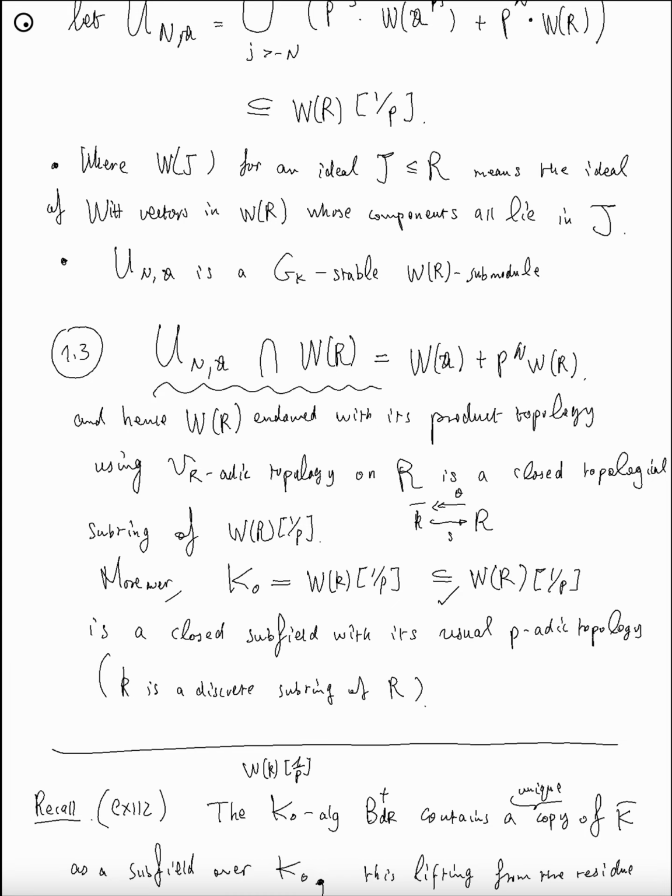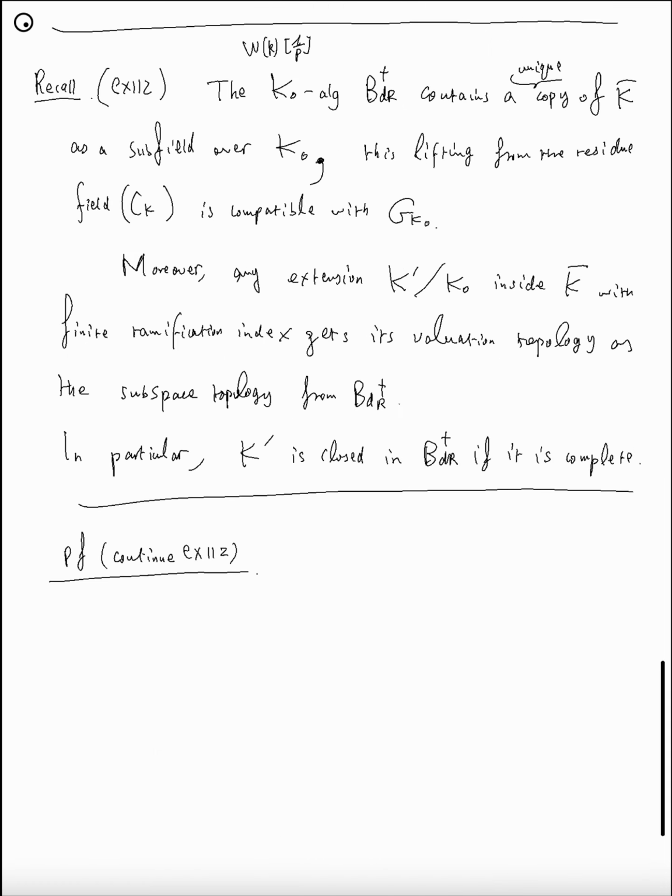The natural topology on B_dR is the product topology, so it's open that describes this. Intersecting this open with W(R) gives you this. And this in particular tells you that the subspace topology from B_dR^+ over K0 is the p-adic topology, and we want to show this is the same for whatever K prime over K0 of finite ramification index.